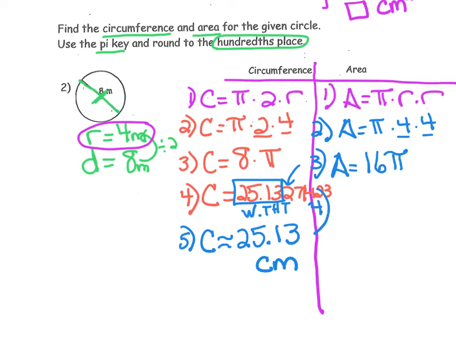Pause the video, take a moment, and multiply 16 times pi key. Once you've punched 16 times pi into your calculator, you should see appear on your screen the area. Please write it on your sheet as it appears on the calculator.